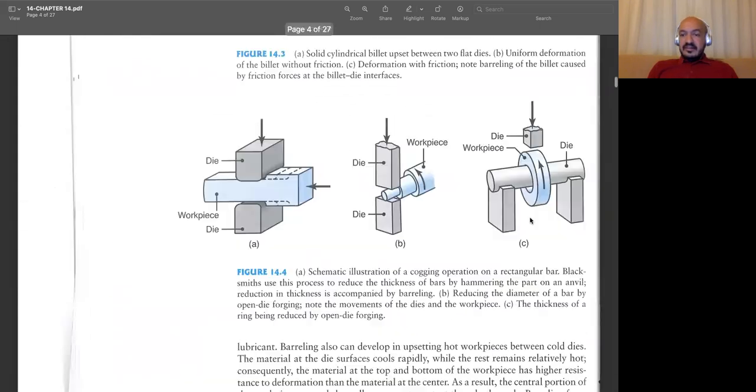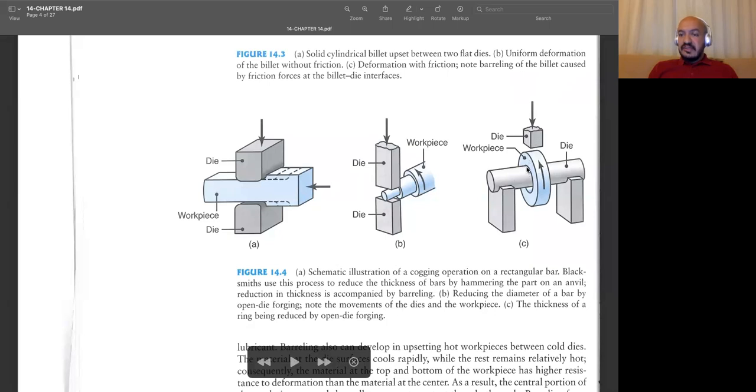And here are some other types of open die forging. You see, you may be working on simple box shapes or ring shapes or cylindrical shapes. It doesn't matter. But if the part is a bit, let's say, round in shape, then you need to be rotating it from time to time so that the whole surface can be forged. And it's also the same for this ring shape.